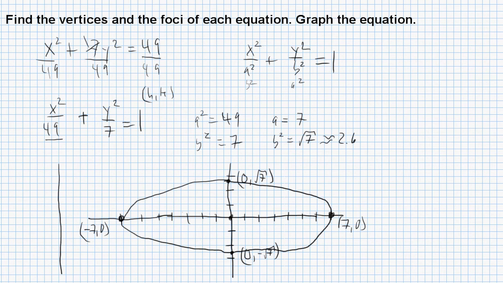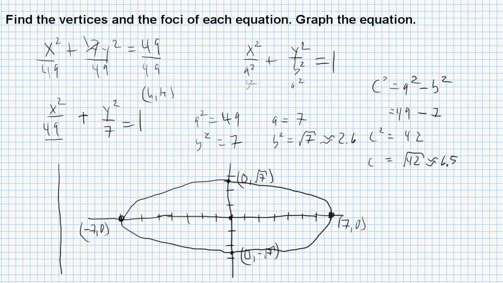We're going to use our handy-dandy formula: c squared is equal to a squared minus b squared. a squared is 49, b squared is 7, so c squared is 42. c is equal to the square root of 42, and according to my calculator, rad 42 is about 6.4, or 6.5 rounded off to one decimal place.